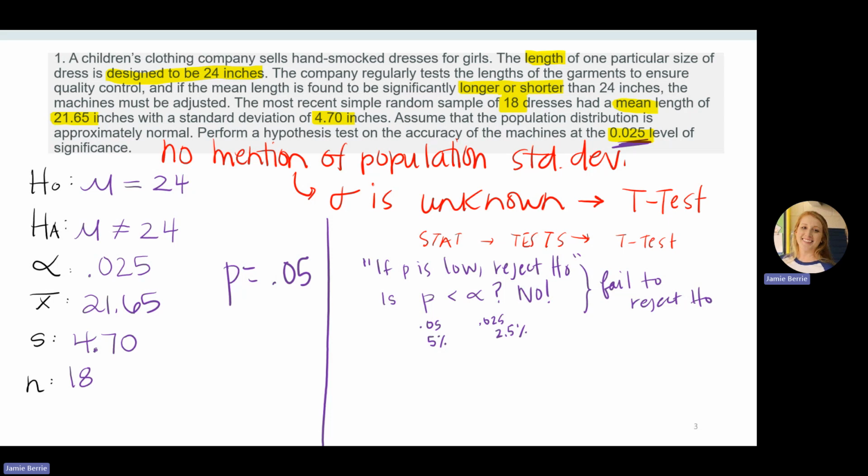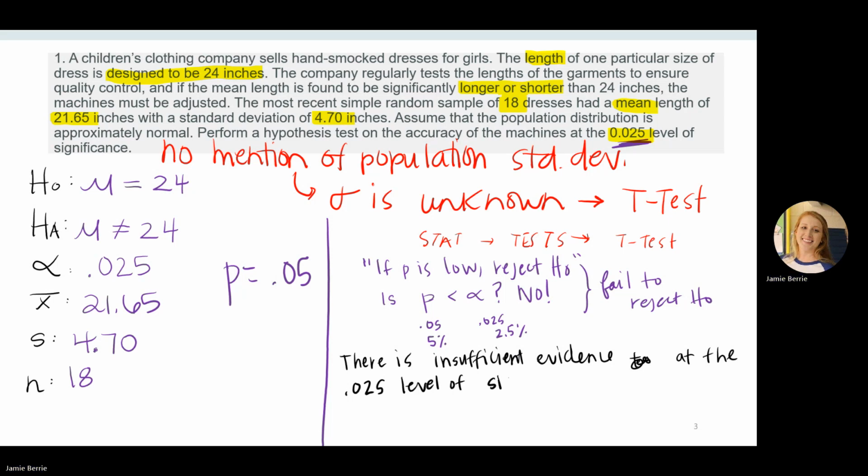They say something like, there is insufficient evidence, and we'll better put the significance level, at the 0.025 level of significance, to suggest that, and then you just restate the alternative hypothesis, which is that the average length, that's how they describe it in the problem, the mean length, is not 24 inches.